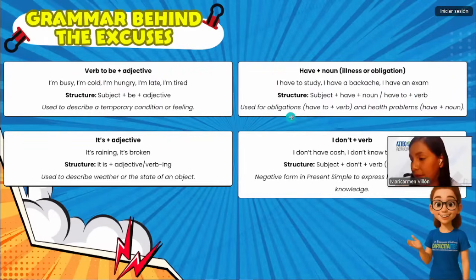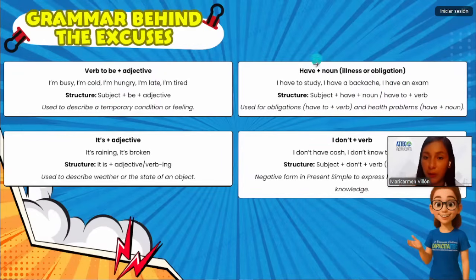Esto va a ser para obligaciones, use have to plus verb, and for health problems, para problemas de salud, have plus noun. ¿Sí? Como por ejemplo, I have to study. Yo tengo que estudiar. I have a backache. I have an exam. Tengo un dolor de espalda o tengo un examen.